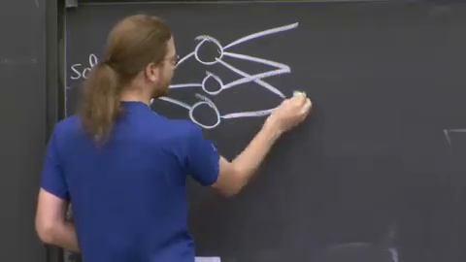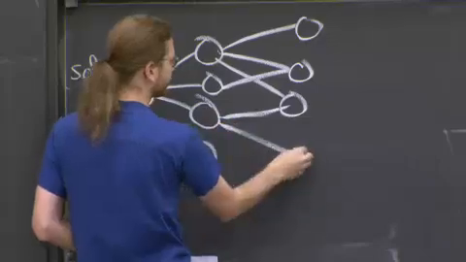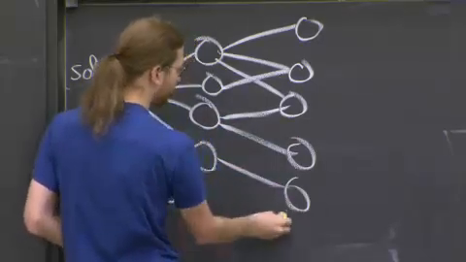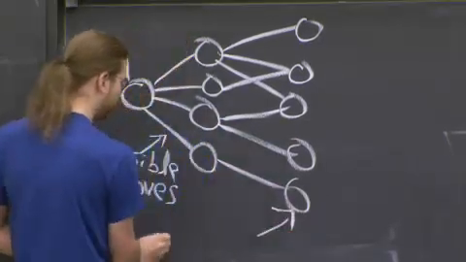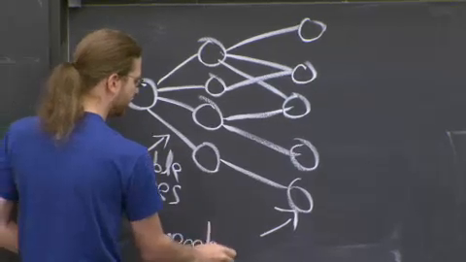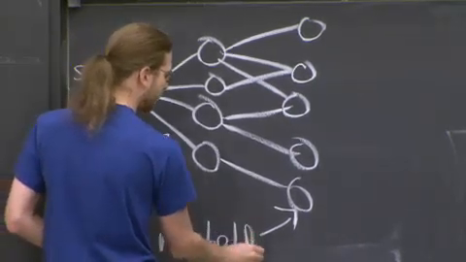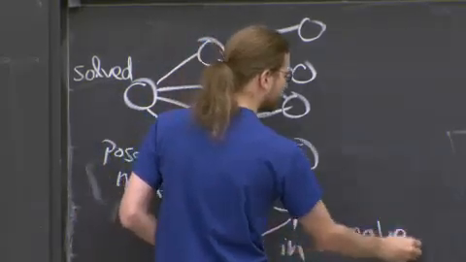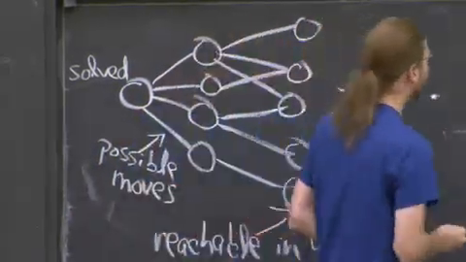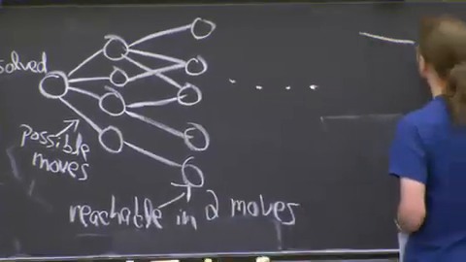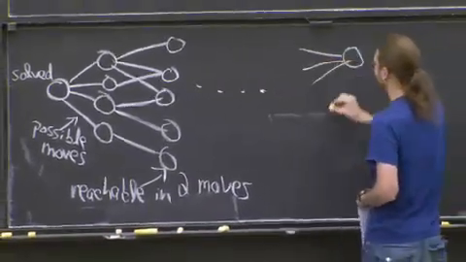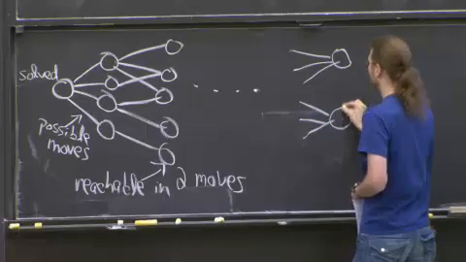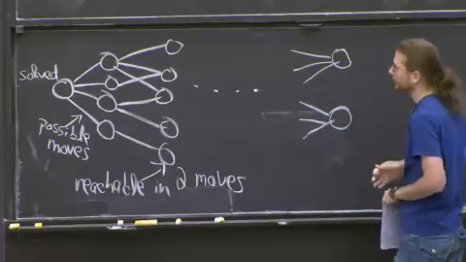And then from those configurations, there's more places you can go. Maybe there's multiple ways to get to the same node. But these would be all of the configurations you can reach in 2 moves. And so on. And at some point, you run out of graph. There might be a few nodes out here.